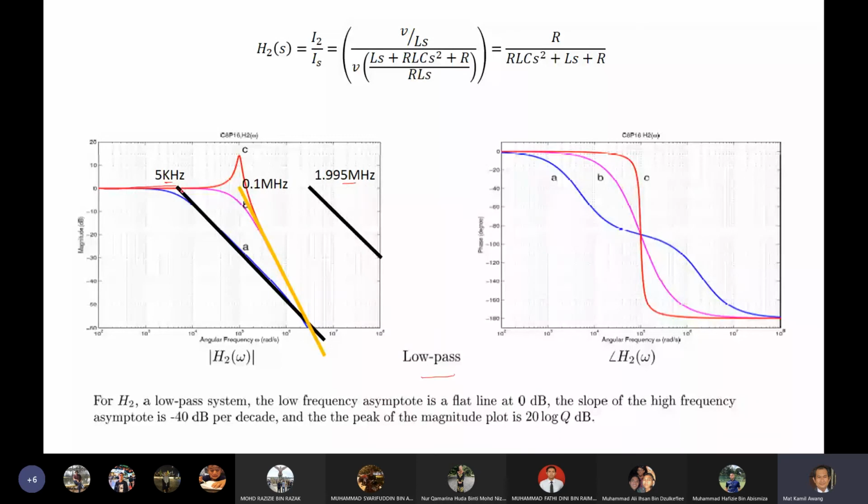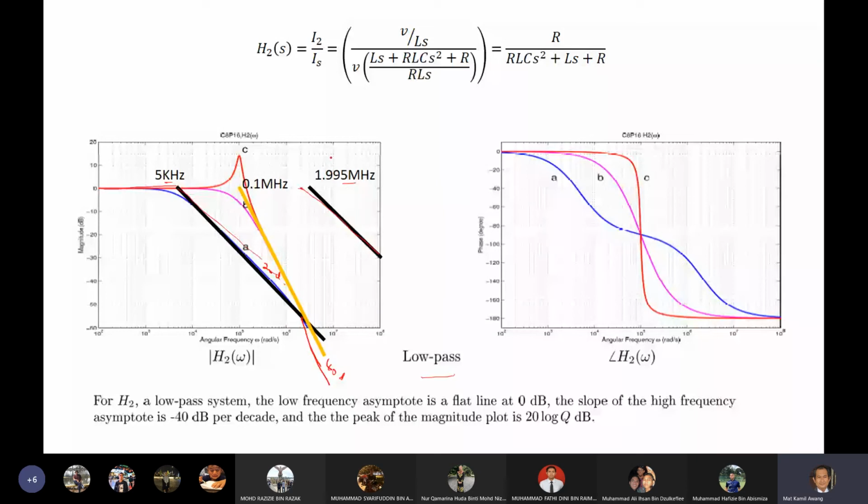So it goes down 20 dB per decade until it hits the second pole. Then it starts to go down 40 dB per decade. So this one should be here. So I should move here. So from here, it starts to go down 40 dB per decade. So this 40 dB and 20 dB here per decade, the slope. That is for the first one.